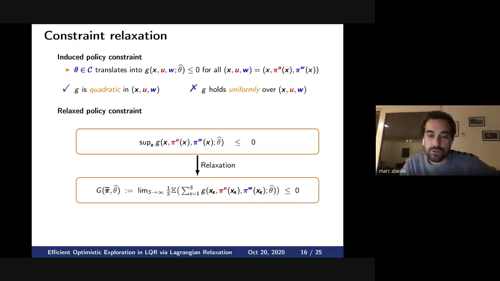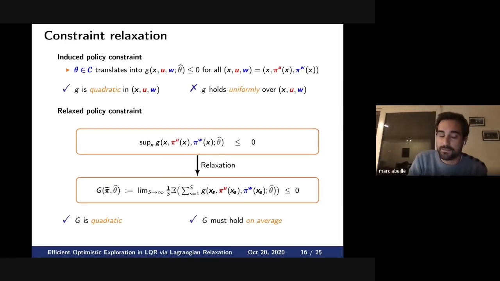And this is now encoded through the function capital G, and this will be the constraint that we will consider. So of course, it's a relaxation, because obviously the former implies the latter. And this relaxation has the advantage of being quadratic, because this is inherited from the original constraint. But now it must hold on average, and that's compatible with the LQR nature of the objective.